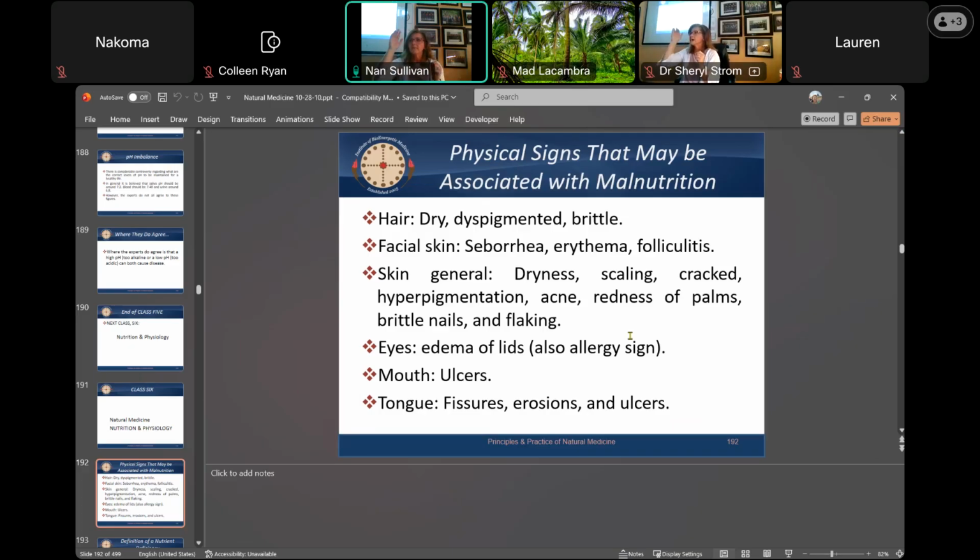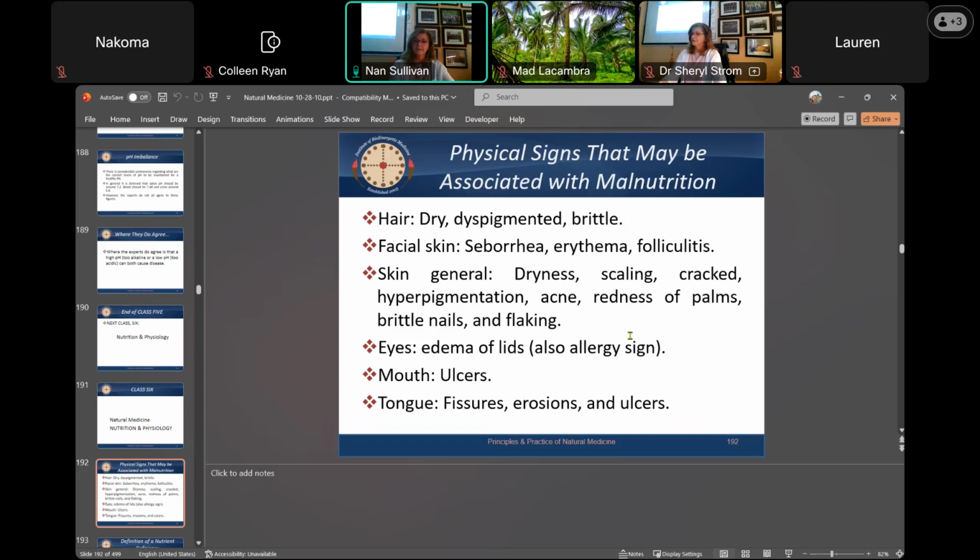That's not pigmented, and that is a genetic manifestation. Facial skin, look at seborrhea, erythema, folliculitis, look at all of their skin. In general, dryness, scaling, cracked, hyperpigmentation, acne, redness of palms, brittle nails, flaking.